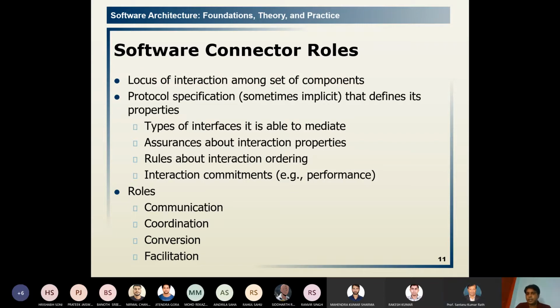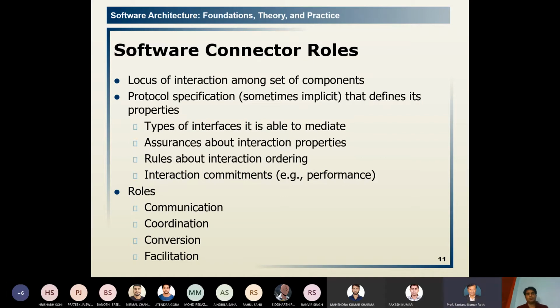The types of interface it is able to mediate, which interface it is using, and the assurance about the interaction properties should be properly ensured before interacting with the components. Rules about the interaction ordering should be properly clarified. The interaction commitments, their parameters, their performance, their evaluations should have proper definition.